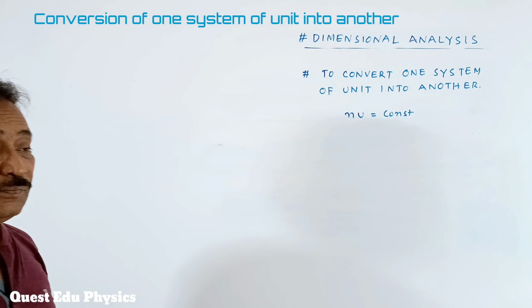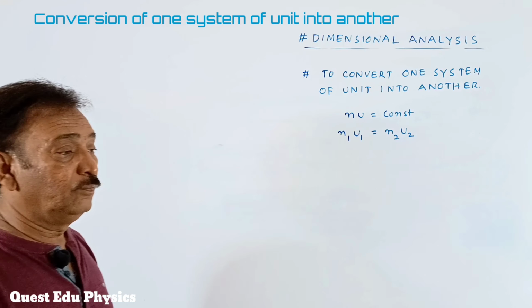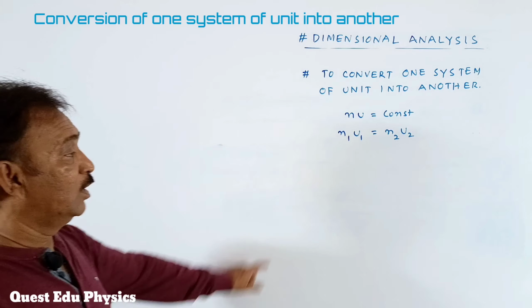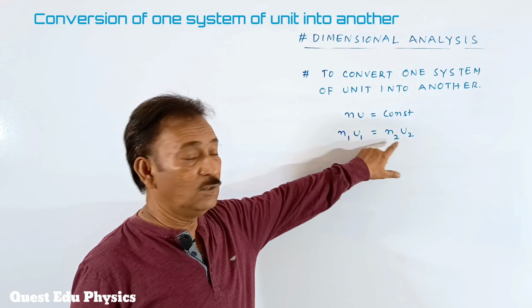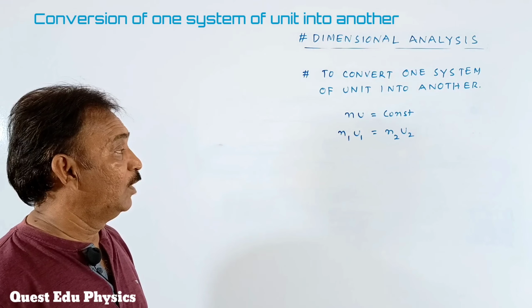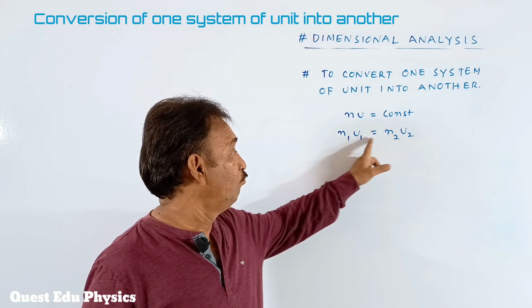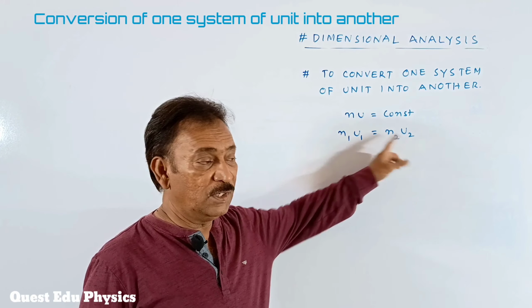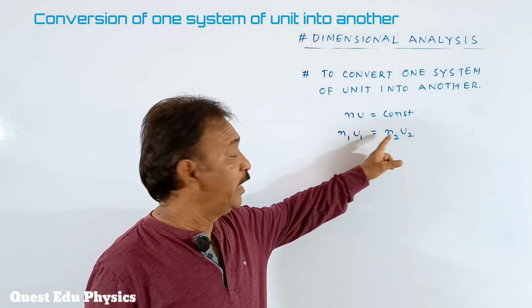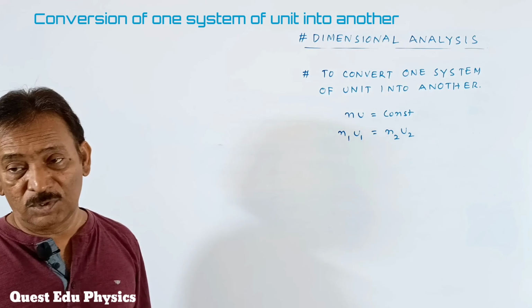What does it mean? n1 u1 is equal to n2 u2. Here, u1 and u2 represent the unit of the physical quantity, and n1 and n2 are the magnitudes.